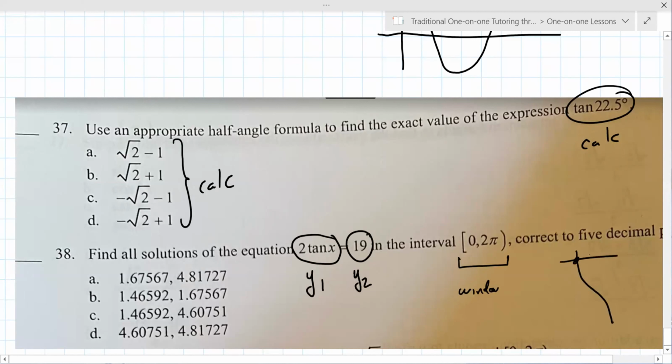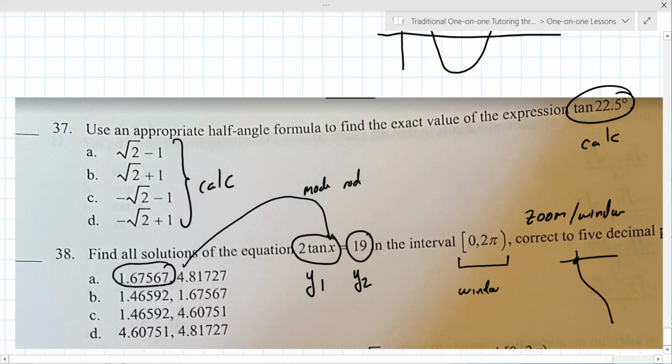It's not going to be visible, so you're going to have to stretch your window. Make sure you use your zoom and your window appropriately on that. However, having said all that, you could put these numbers in for X, but your mode would have to be in radians. Maybe that's even faster.